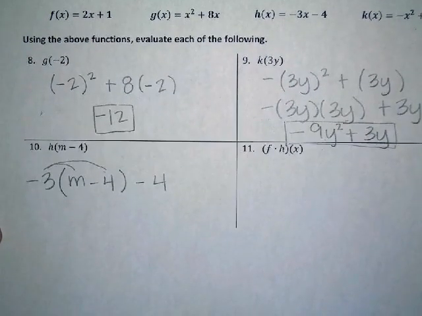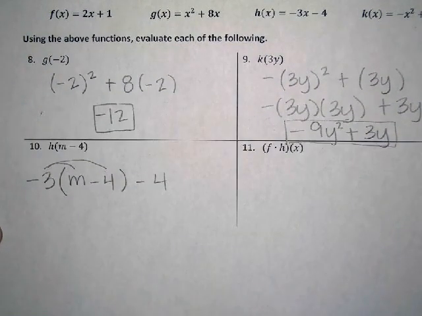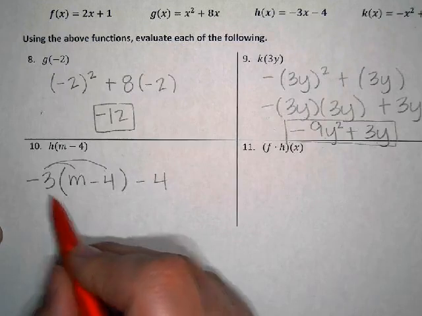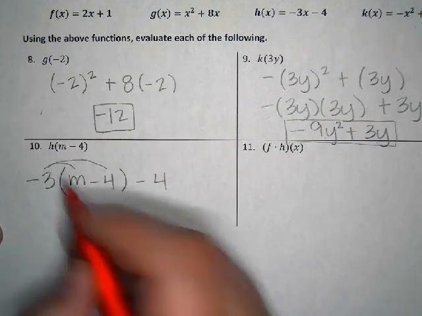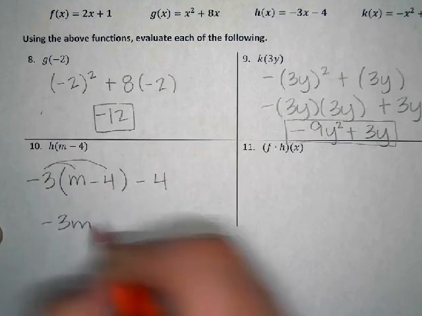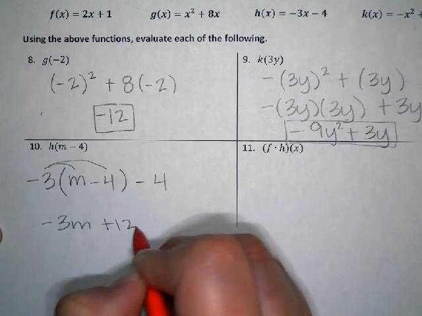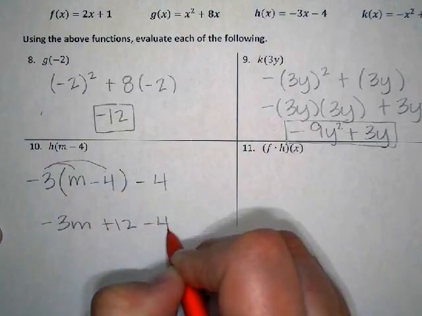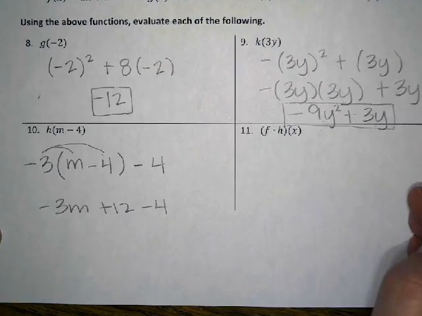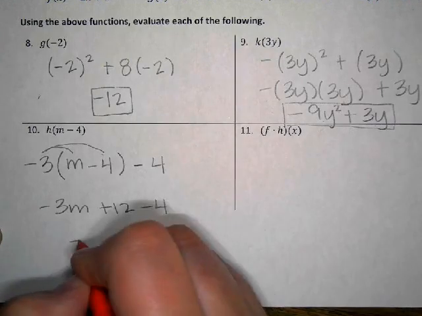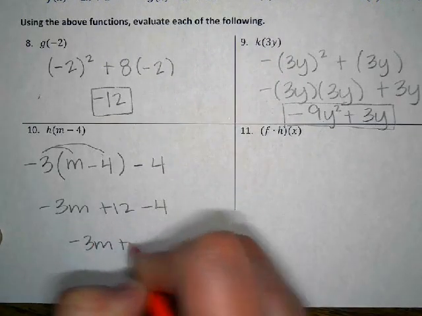And what do we get? Negative 3m plus 12 minus 4. What does that give us? Negative 3m plus 8. Okay?